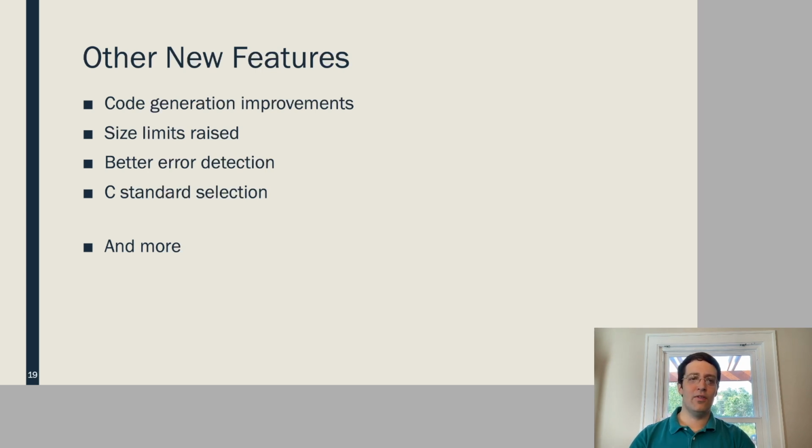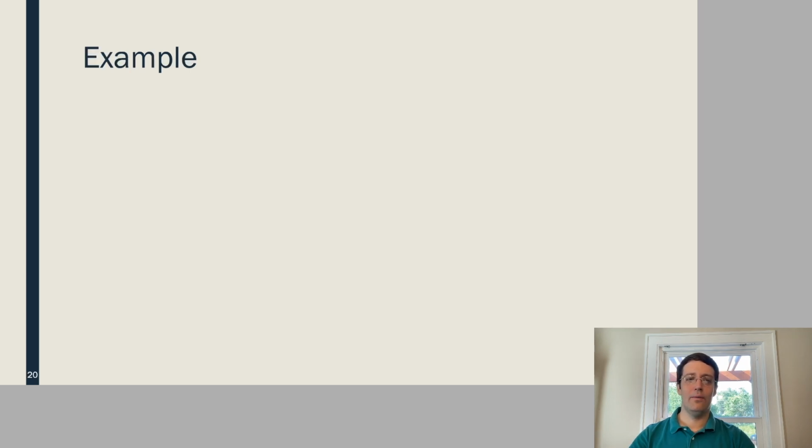There is better detection of some classes of errors. Apart from just that pragma_lint, there are some things that are unambiguously errors that were missed before but are now detected. And there's also a way to select what C standard you want to use. So you can select either a strict conformance mode to one standard or kind of a more permissive compatibility mode for multiple standards.